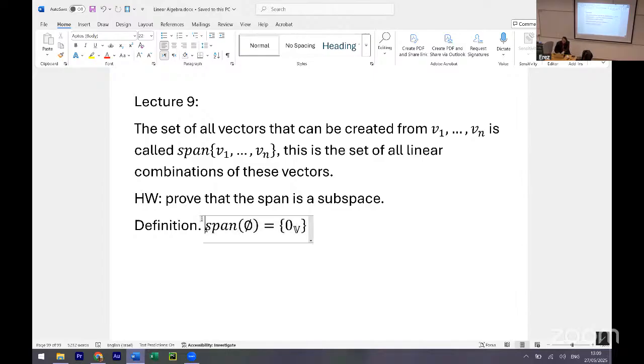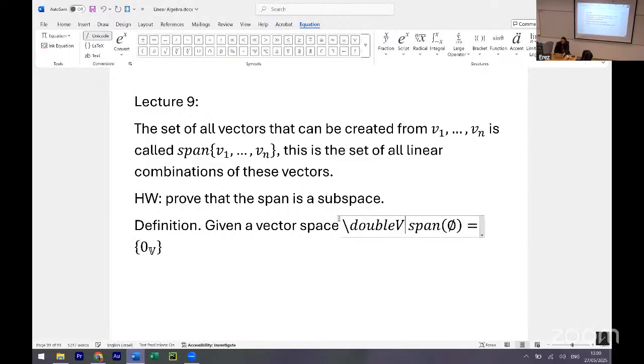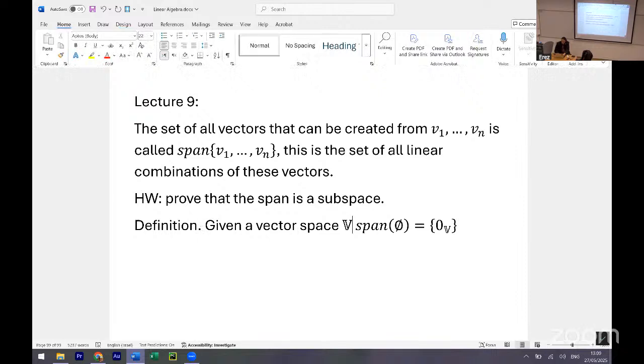So, I'll change it up a bit. Given a vector space V, we define the span of the empty set to be the zero vector of that space. In general, when I define the span, we must have some vector space and some field from which we take the vectors and the scalars.